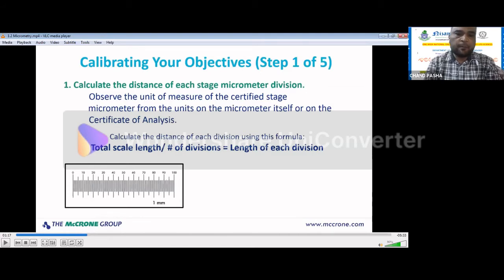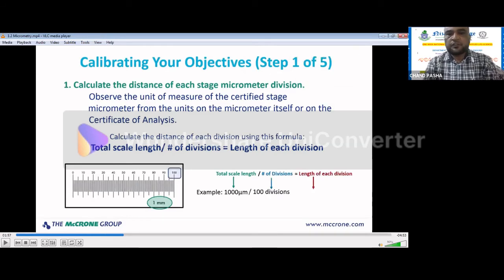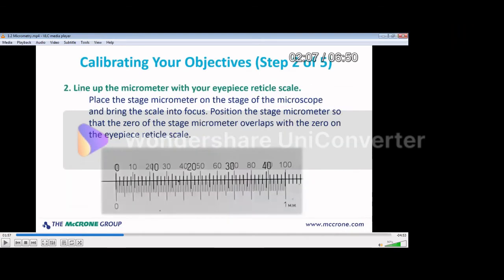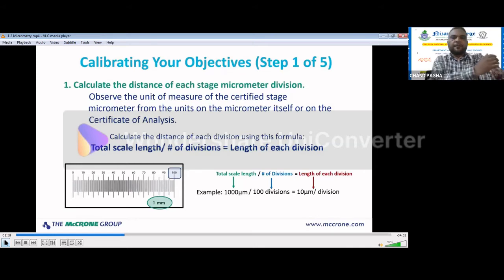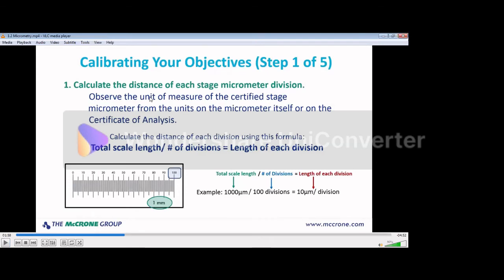Generally, we use the 1 millimeter size. In 1 millimeter, that is 1000 microns, the total length is 1000 microns, and it has 100 divisions. So 1000 by 100 is equal to 10 microns.